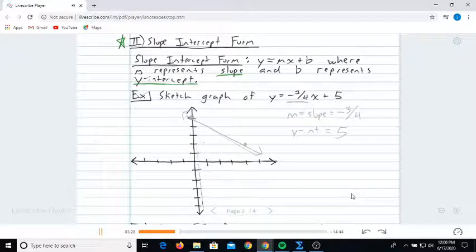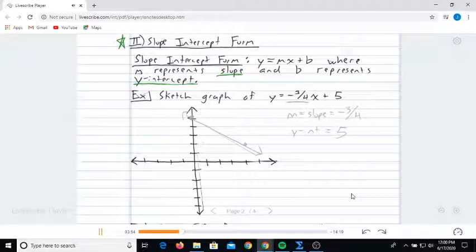Now it's very important that you distinguish constants from variables, just like when we were working with circles in the previous unit. So m and b represent constants. They are fixed values for any given line, whereas y and x represent variables representing all the varying points on the line. So make sure you don't confuse variables with constants.